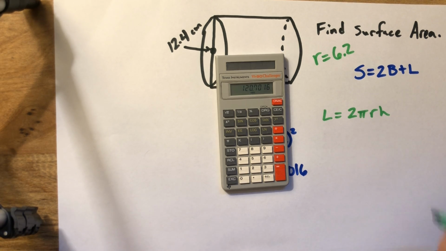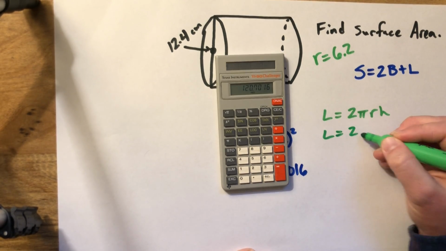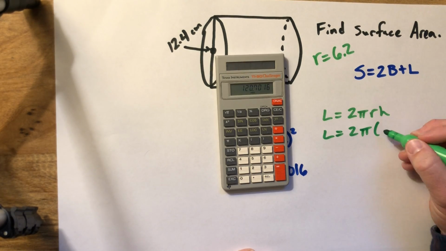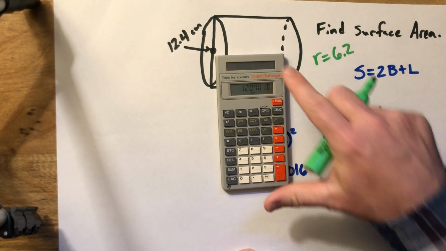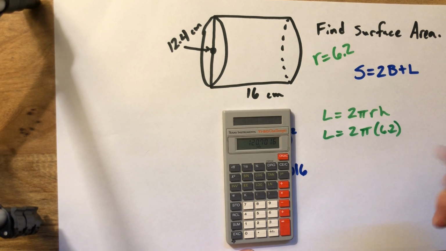Let's find lateral area. Lateral area equals 2 times pi times radius, 6.2, times height, 16. To the calculator we go.